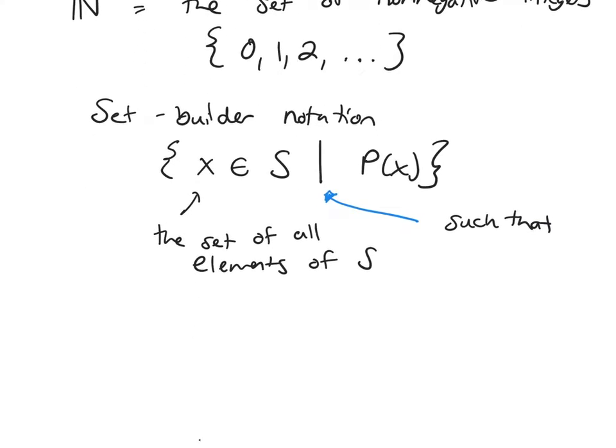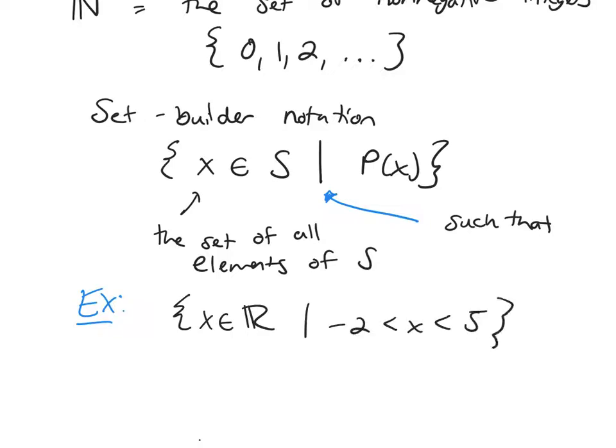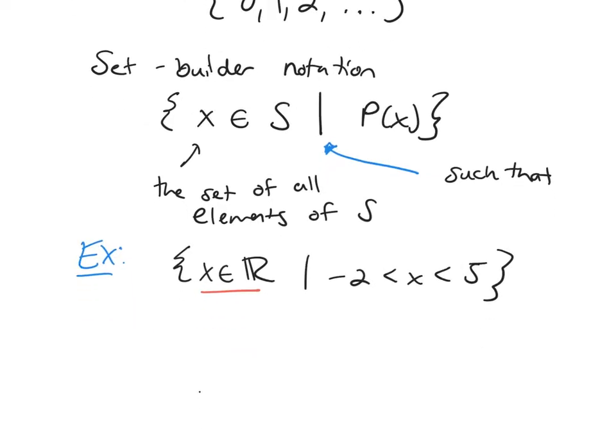Okay, so for example, let's look at this set builder notation: the set of all x in R such that x is between -2 and 5. So the first part tells me this is the set of all real numbers that are between, remember this symbol right here means such that, x is between -2 and 5.